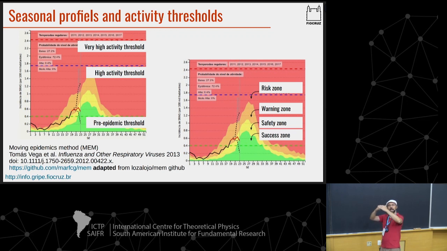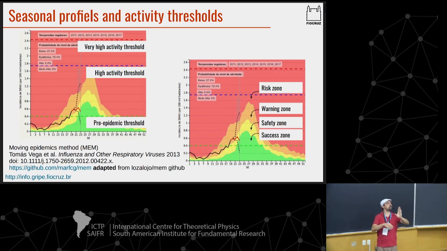Because my 10th percentile, or quantile 10, tells me that cases below that level are significantly below what is expected, because it's below 10% of the distribution of expected cases for a given week. And this is the green shaded area there.